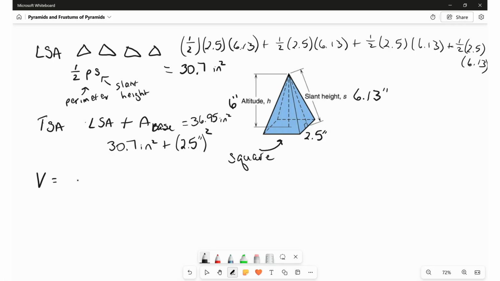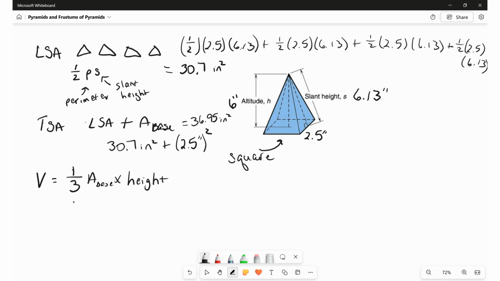So in order to account for the tapering in a pyramid, 1/3, because each of those lateral faces are triangles. So it's 1/3 times the area of the base times the height, and this is the altitude height.